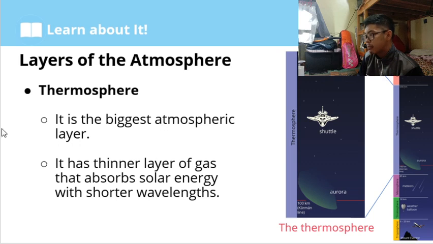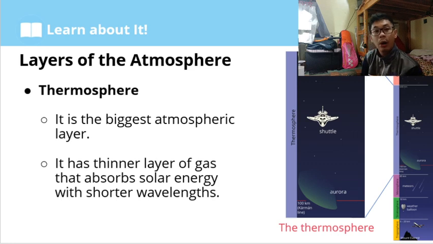This is the biggest atmospheric layer. It has a thinner layer of gas that absorbs solar energy with shorter wavelengths. This is actually where the solar flares from the sun, with the reaction of the thermosphere, actually create a greenish looking color that's happening in the northern part of the earth, wherein they actually notice this one during the night.